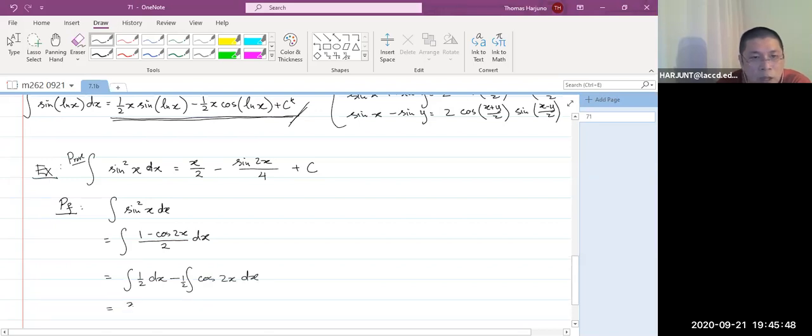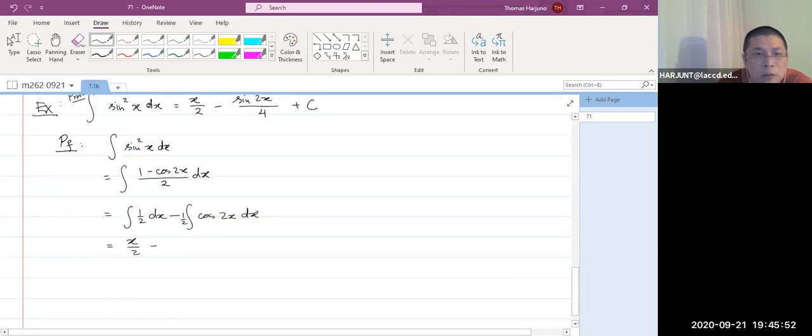This will be x over 2 minus 1/2 times, from that integral I get another 1/2 sine 2x, plus constant.